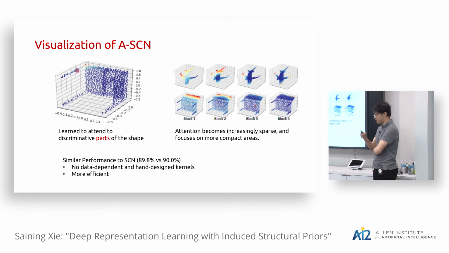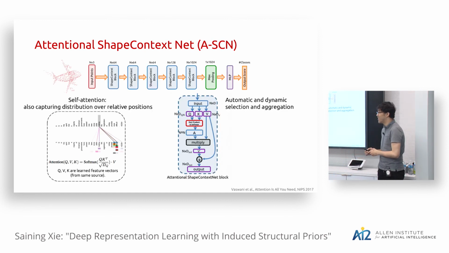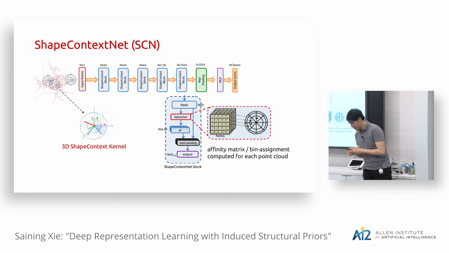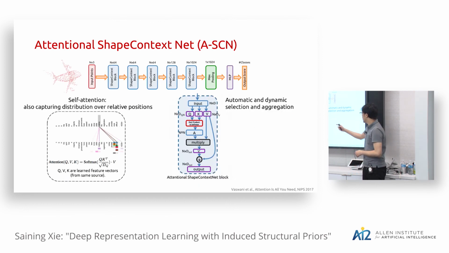Yes? I don't get this, how does it work? Yeah, there are some details I skipped. The main thing about the ShapeContextNet is you have to compute this affinity matrix, right? It's n by n by L, where L is the number of bins and n is the number of points. This affinity matrix is handcrafted by designing the ShapeContext kernel. What we can do with self-attention is, in each block, learn these feature vectors.